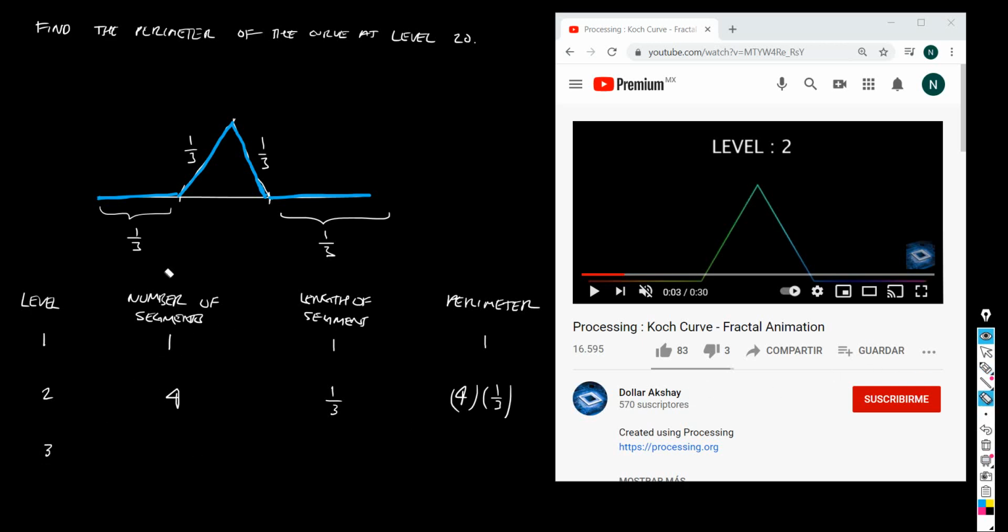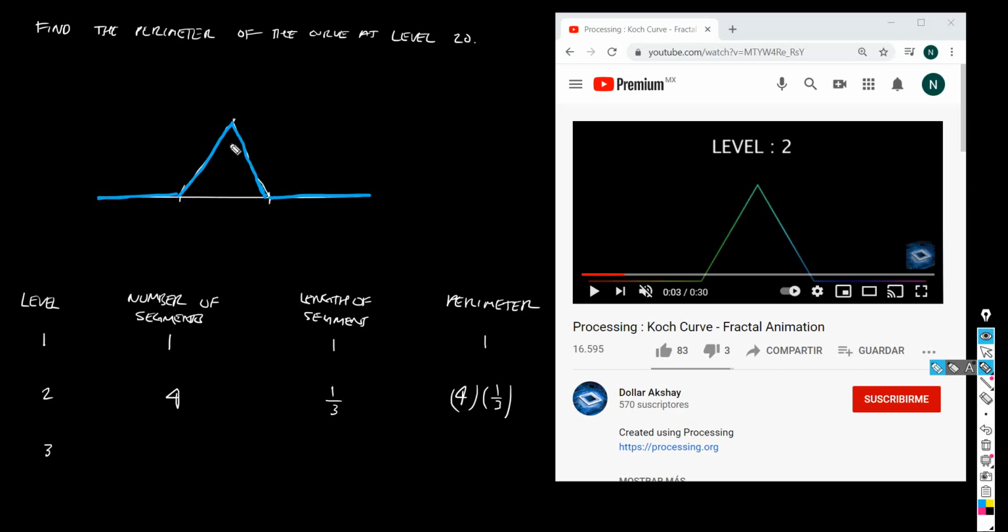So how do we construct the curve for the level 3? Let me erase this. Just memorize that these segments measure 1/3. Okay, so we repeat the process, guys. With each new segment that you have at any particular point in the curve, so we have 4, 1, 2, 3, 4. You're gonna repeat the process.